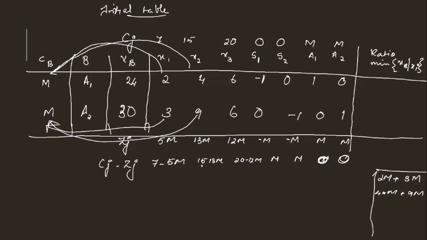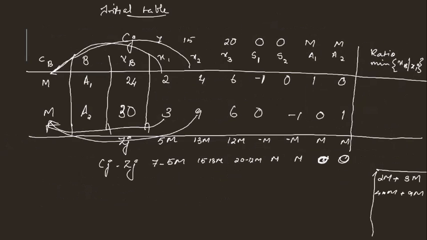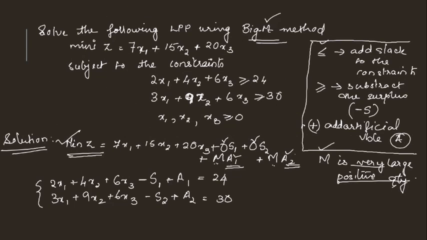Now see, we have completed this table. Now we have to find out the key column, key row and key element. So how will you find out the key column and key row? Now this is a minimization problem. Up to now, for a maximization problem there was a rule set. Similarly you have a rule set for finding out the column in case of the minimization problem.